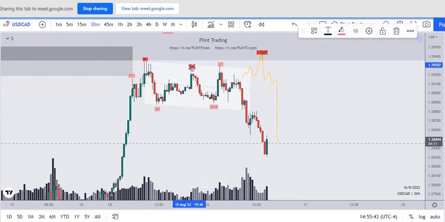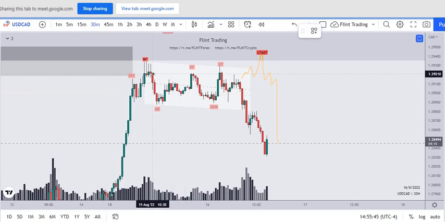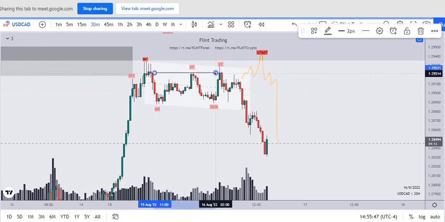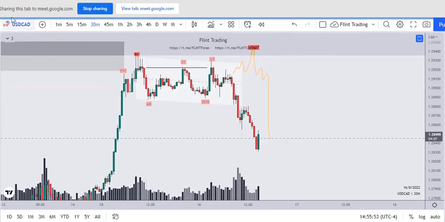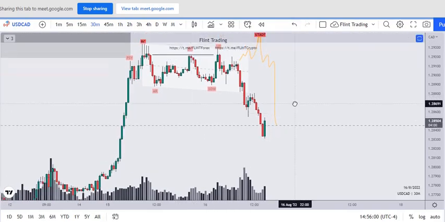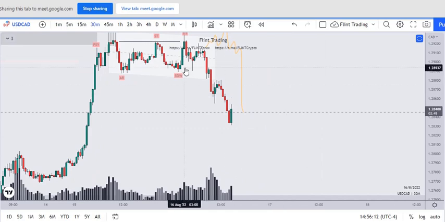Price maybe was an inducement, and price mitigated its hidden order blocks within that and fell down. So that was what I was seeing on USD. I missed this as well, and price pushed down. So we still have our high time frame to the downside. If I see any redistribution phase anywhere, I would again try to get in and capitalize on the move.